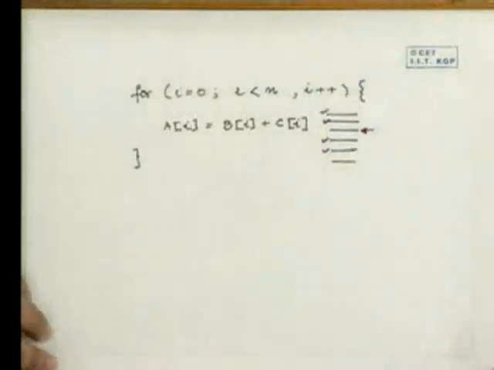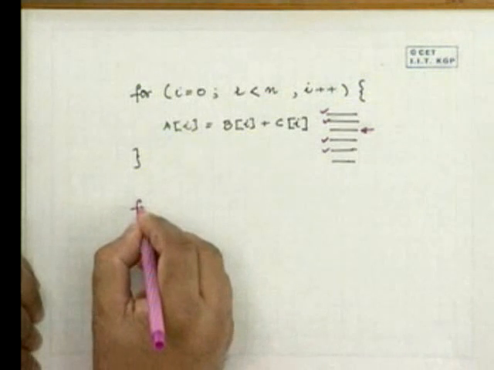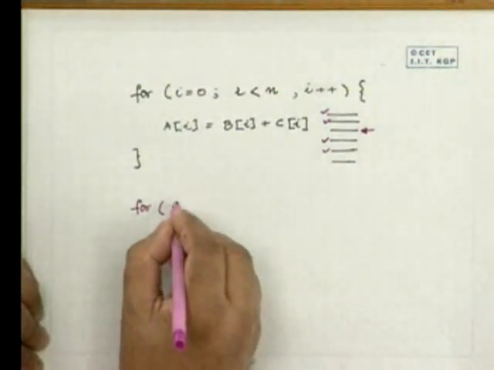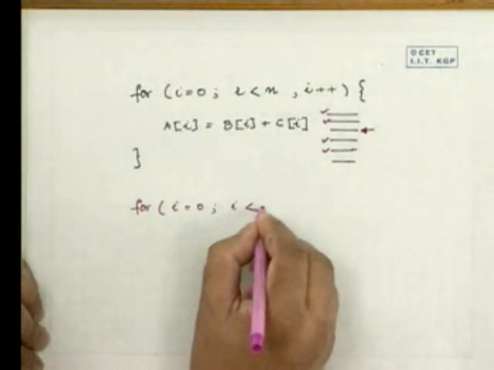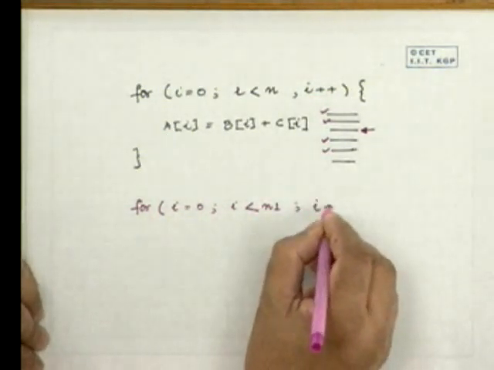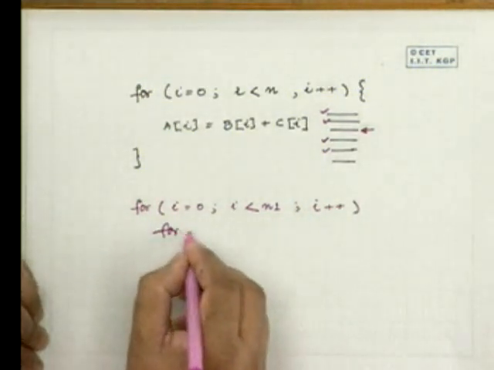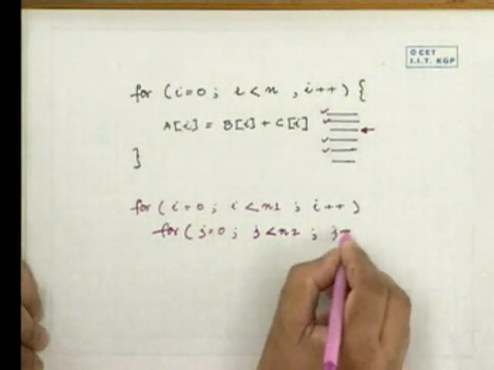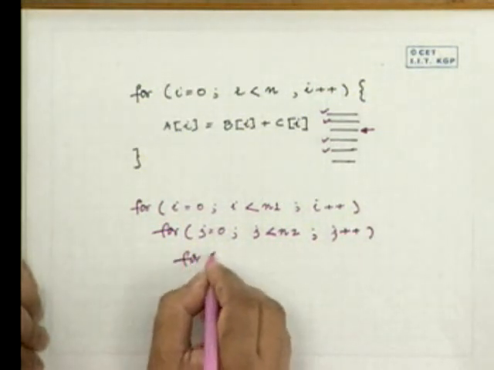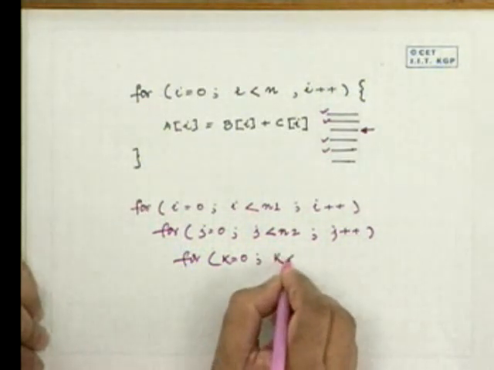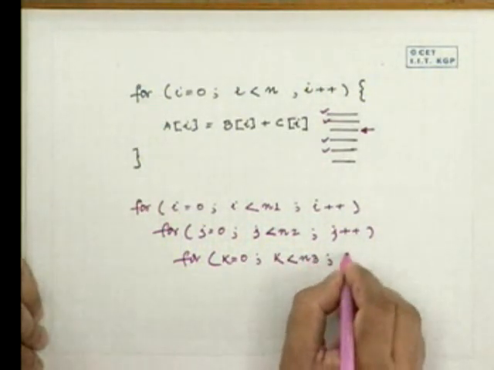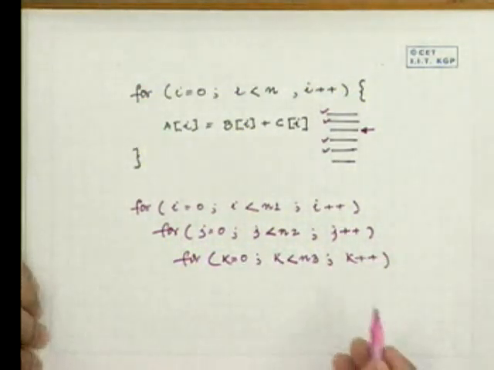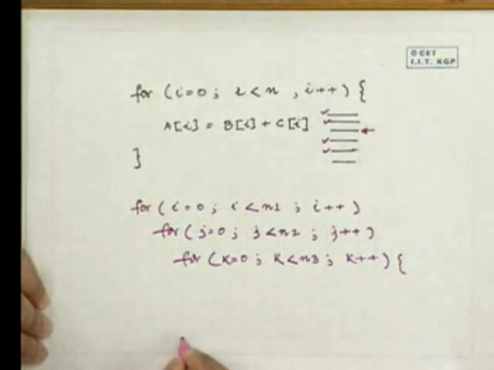Okay. Now, we can have another example just to convince you that most of the time the program executes loops. Say for i equal to 0, i less than n1, i plus plus, for j equal to 0, j less than n2, j plus plus, for k equal to 0, k less than n3, k plus plus, and say we have the loop body here.